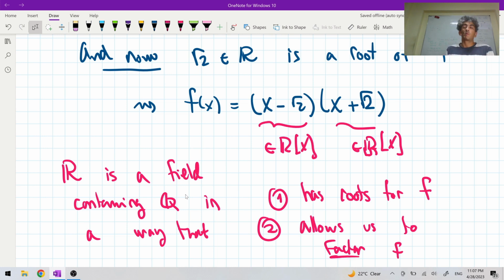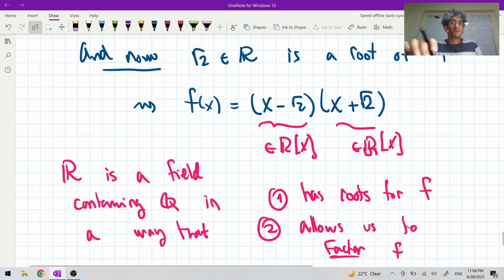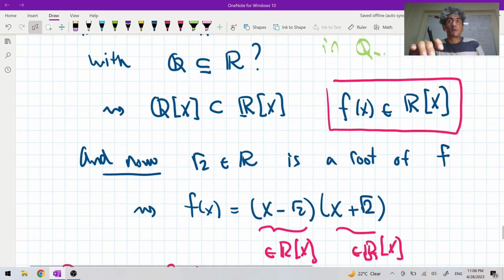What was once irreducible, if we enlarge the base field, it becomes reducible, it becomes factorable. Okay, so this is a very potent example.